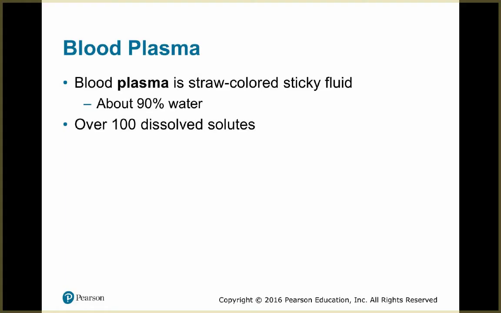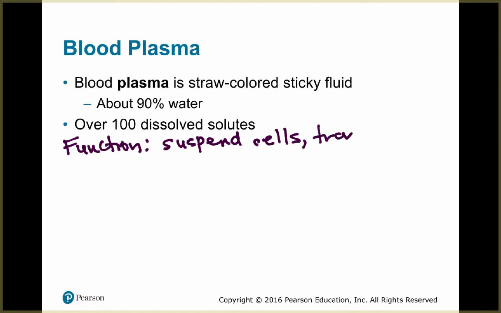Now for blood plasma, its overall function here is to suspend cells. That should make perfect sense because we have all those formed elements. To transport different molecules. So you might have hormones.